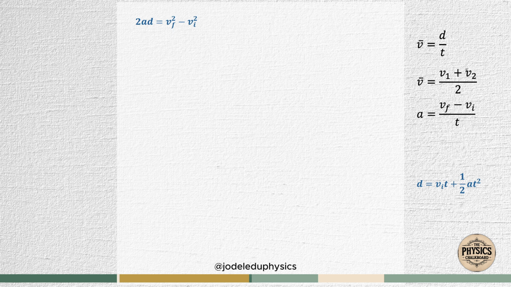Let's begin with a formula that we can use when average speed and time are not known at all. We can combine these two equations and rewrite the equivalence. By doing so, we removed the quantity for average speed. This simplifies to this equation. Next is time. We can derive an equation for time using the formula for acceleration.